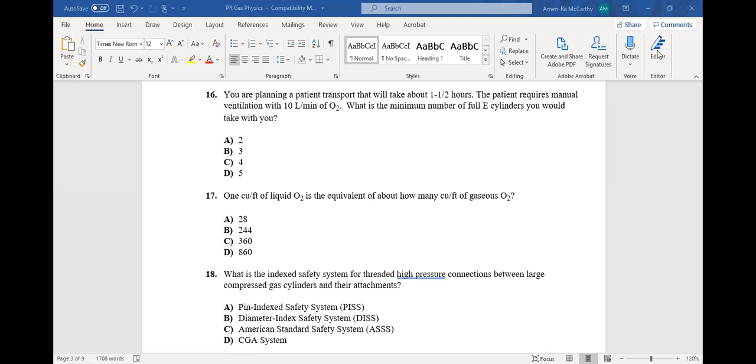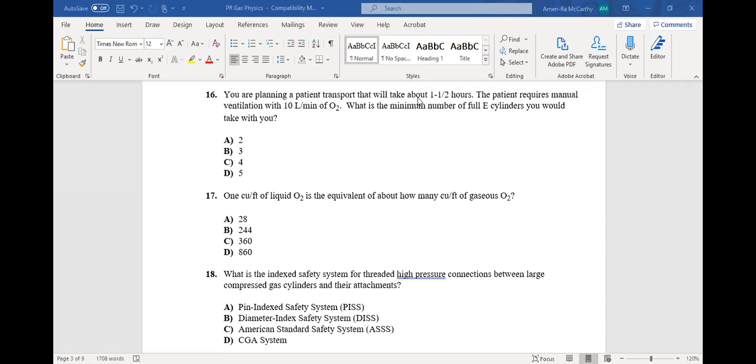Number 17. Who else is with us? Number 17. Gabby. 1 cubic foot of liquid O2 is approximately how many cubic feet of gaseous O2? No, not 244.